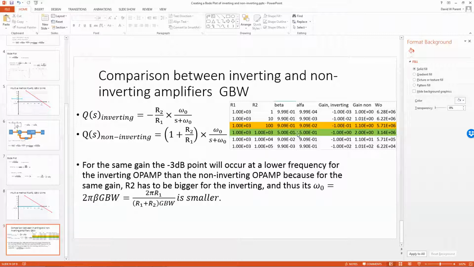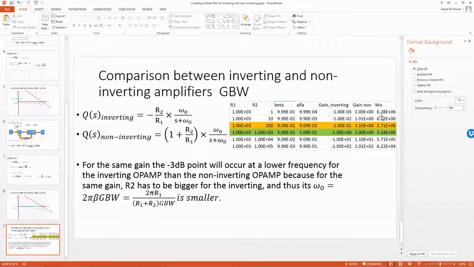But look, for a gain of -1, omega naught is a little bit over 3 megaradians per second. If you want to put that back to frequency, just divide it by 2 pi. But look at the gain of the non-inverting where it hits 1, right?